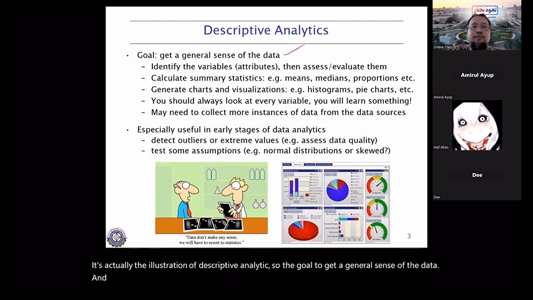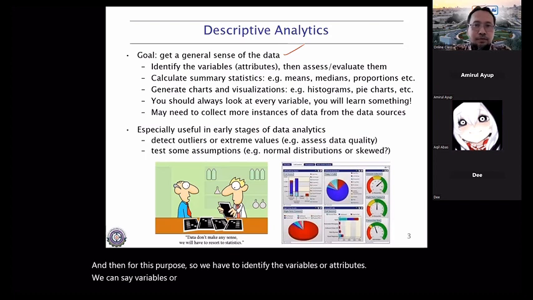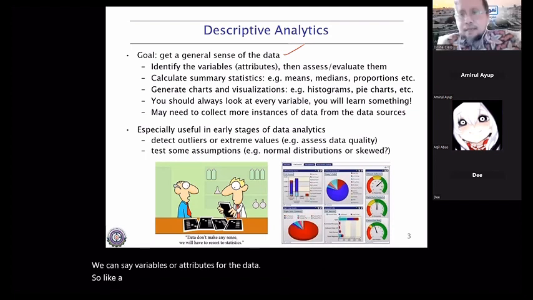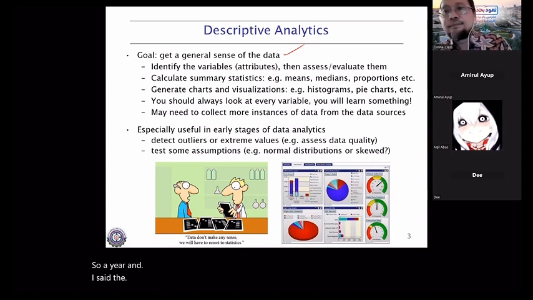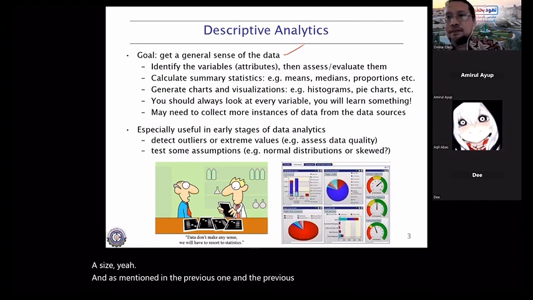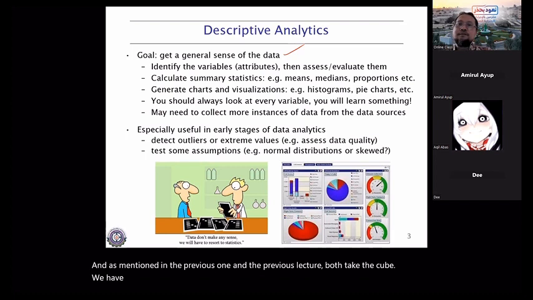For this purpose, we have to identify the variables or attributes of the data, like the year and also the size, and as mentioned in the previous lecture about the data cube, we have rainfall data, so there is a year and month, for example for 1 year, and for each month.